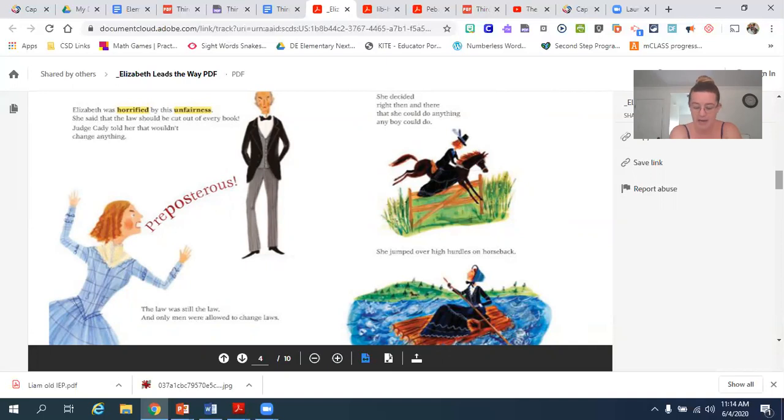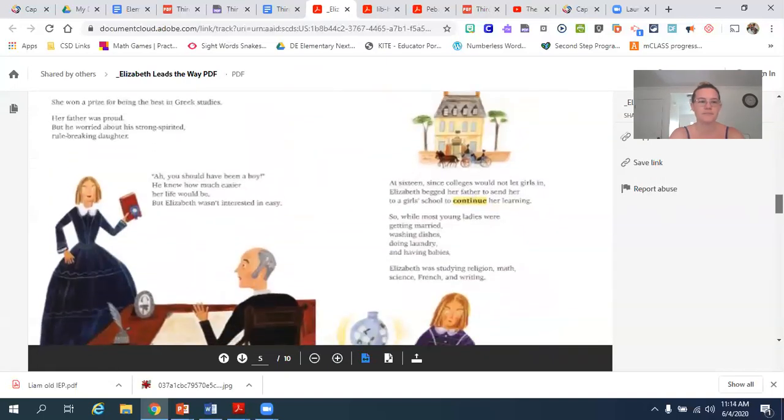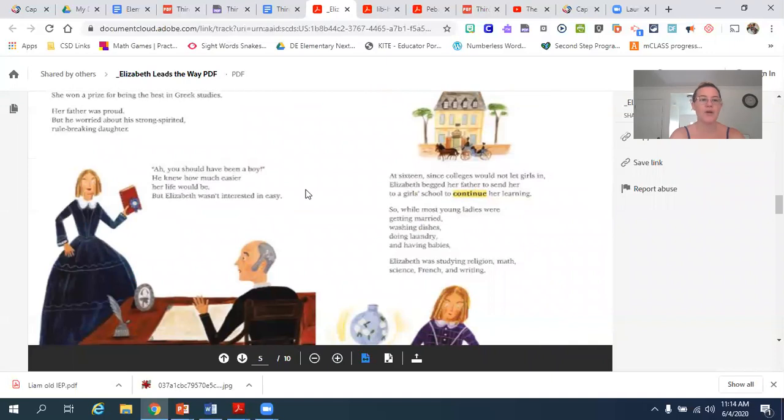She jumped over high hurdles on horseback, and she rafted across a raging river. Proving them wrong. She won a prize for being the best in Greek studies. Her father was so proud, but he worried about his strong-spirited, rule-breaking daughter. You should have been a boy. He knew how much easier her life would be.